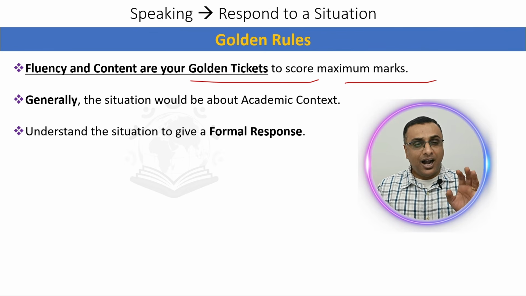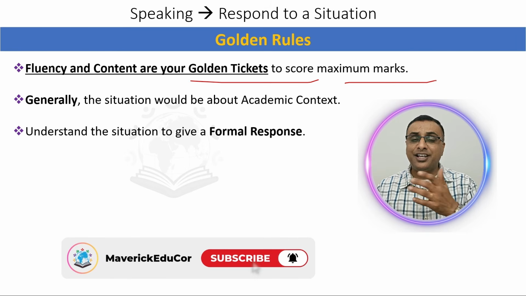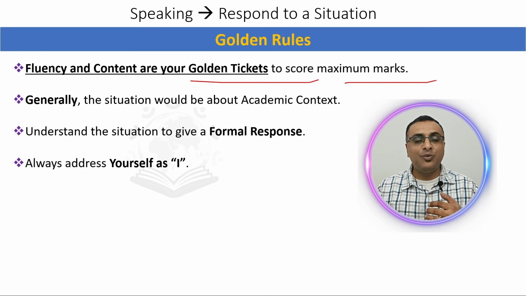Third one, understand the situation to give a formal response, because you will be responding to a professor, to a lecturer, to your dean, or to your friend. So make sure to give a formal response. Next, always address yourself as I. Don't ever say we, they, that, all of these, because you are experiencing the situation.